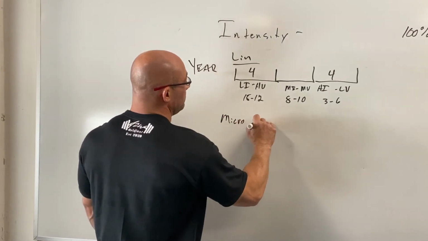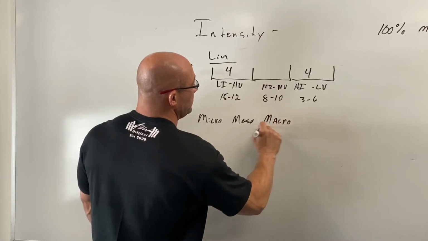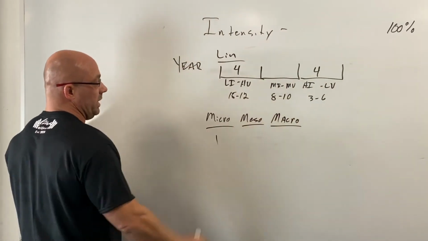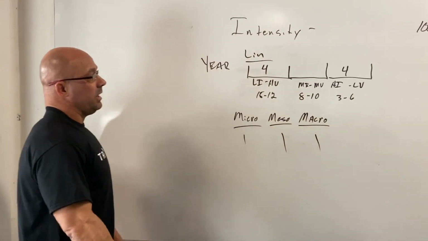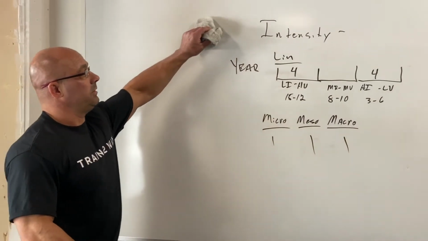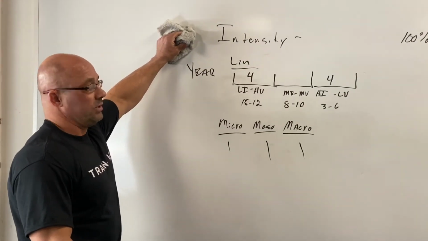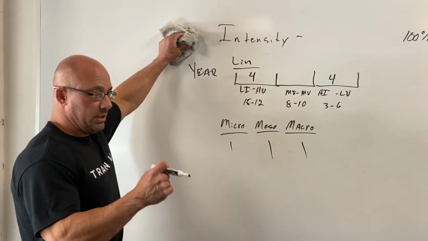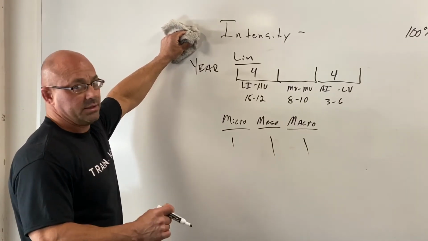Micro, meso, and macro cycles. Week, months, year. Intensity is your key for building absolute strength, which is not only what you can handle eccentrically, but isometrically and concentrically.